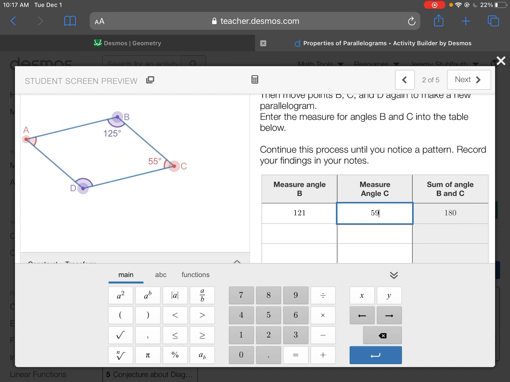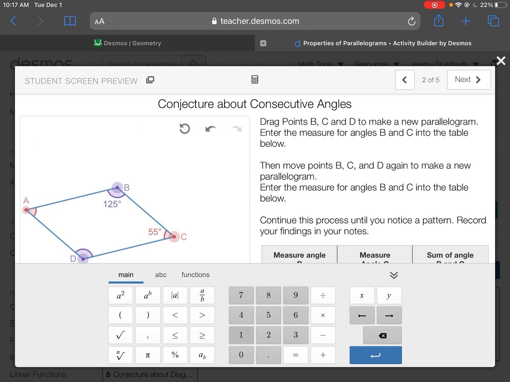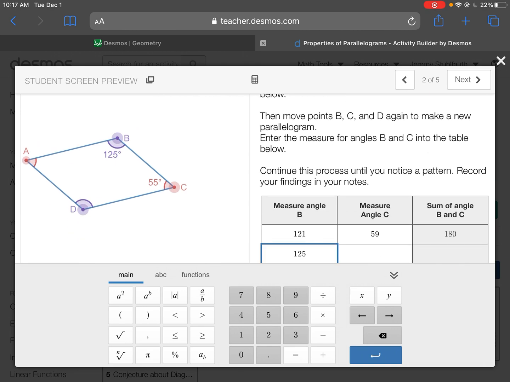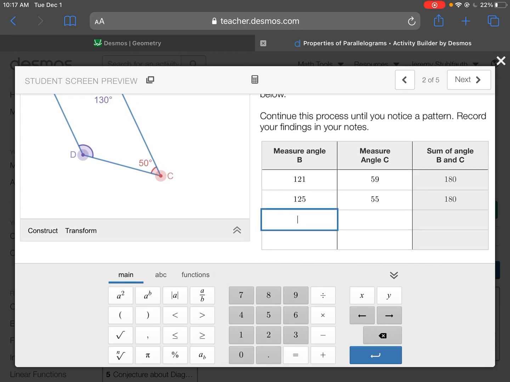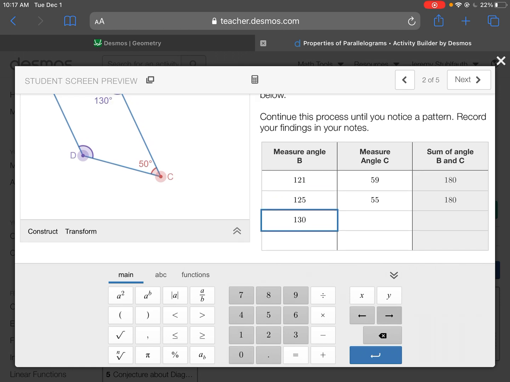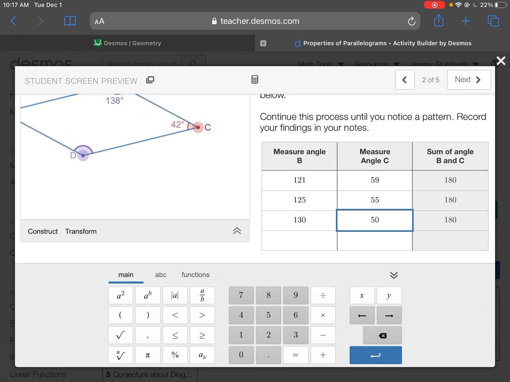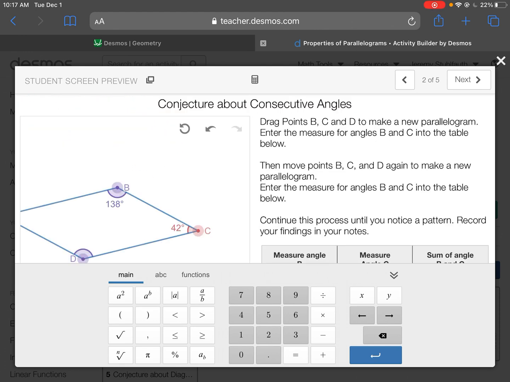We have 125 and 55, so we're going to record 125 and 55. Let's create two more. 130 and 50. And finally one more, 138 and 42.